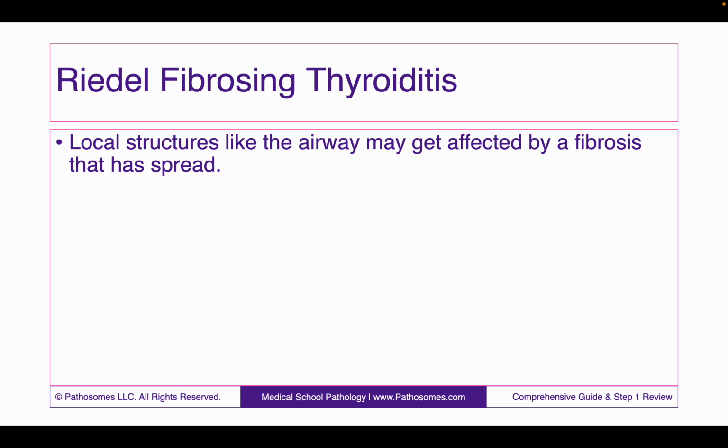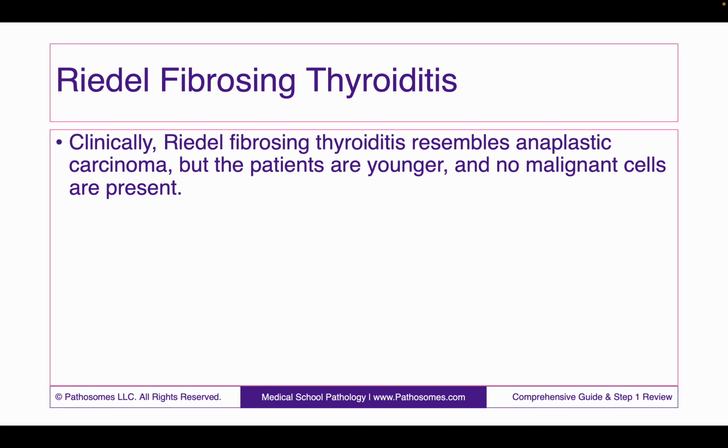Local structures like the airway may get affected by fibrosis that has spread. And clinically, Riedel fibrosing thyroiditis resembles anaplastic carcinoma, but the patients are younger and no malignant cells are present.